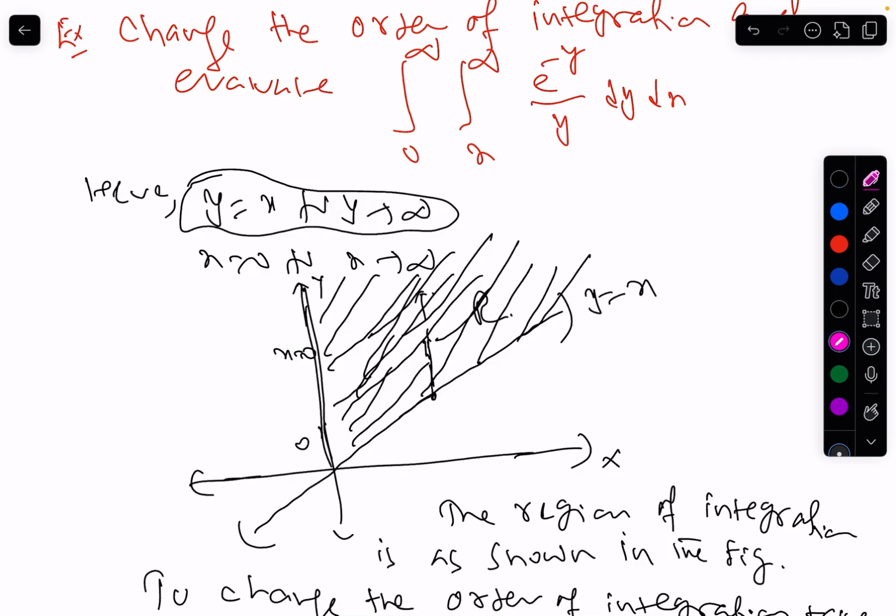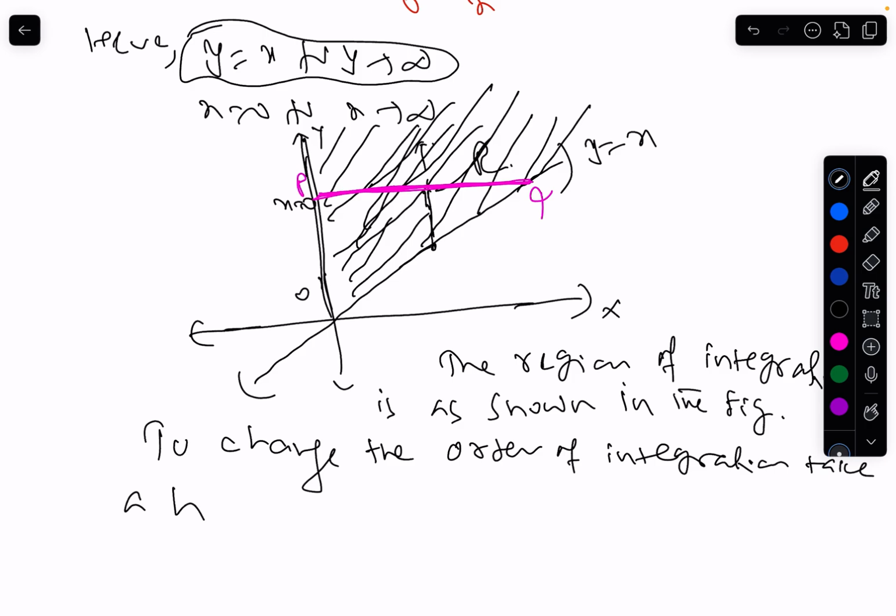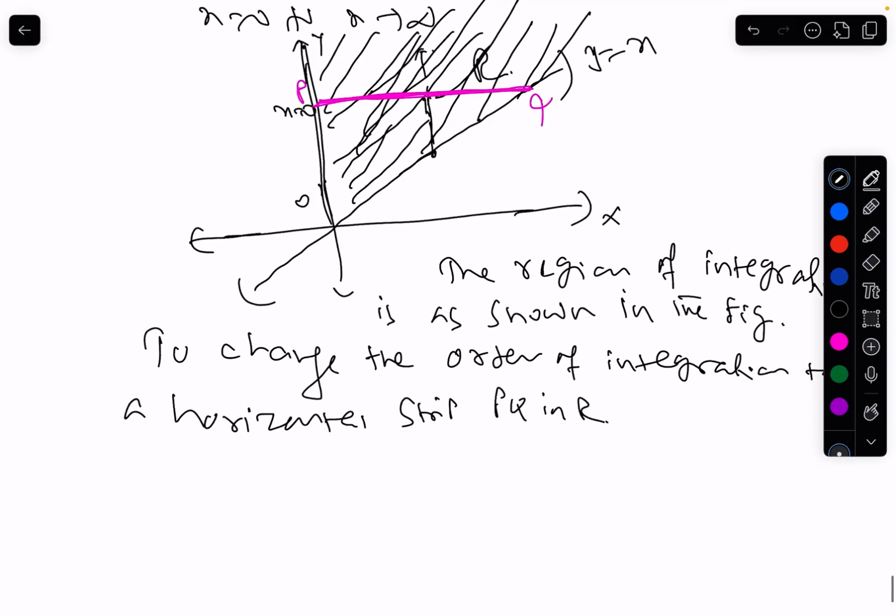So we should take a horizontal strip like this, a horizontal strip PQ in R, and we can now find the limits.